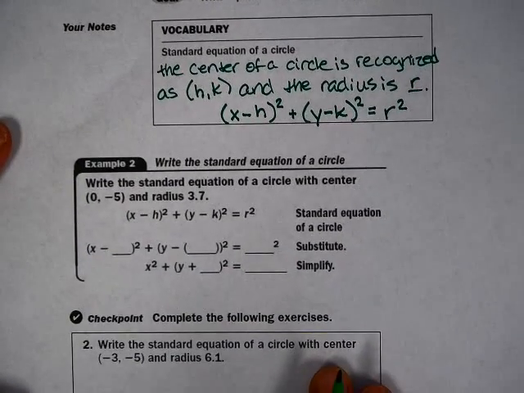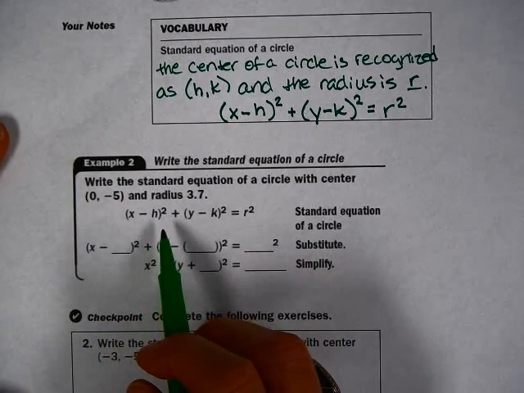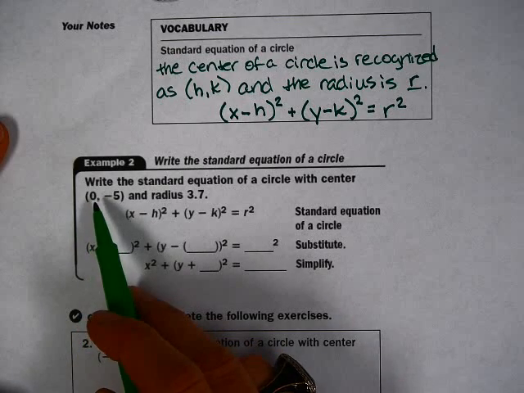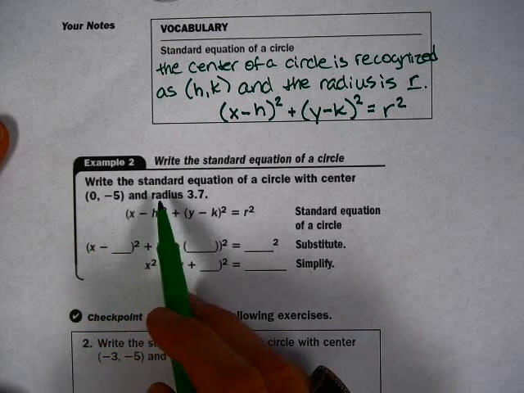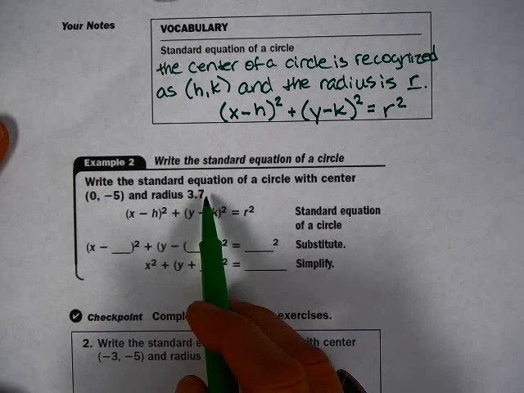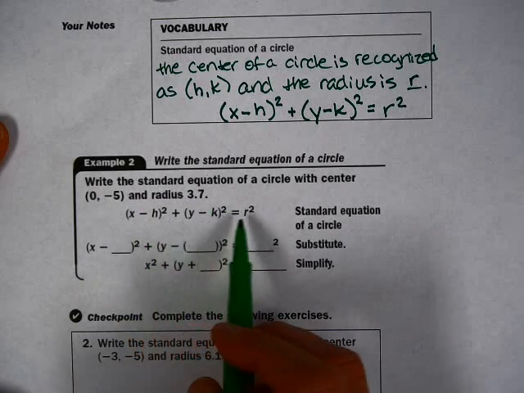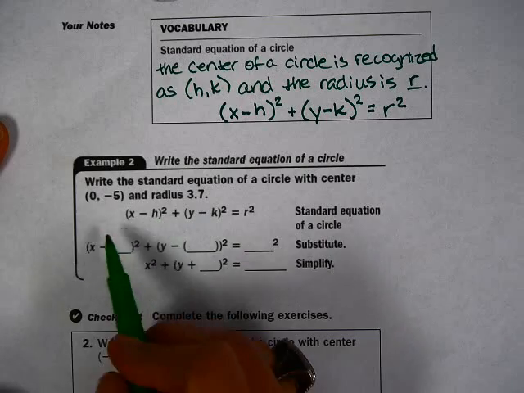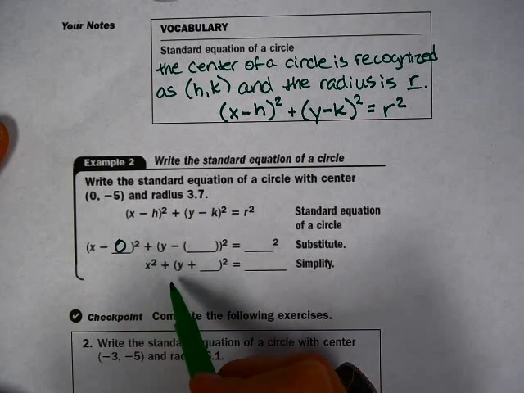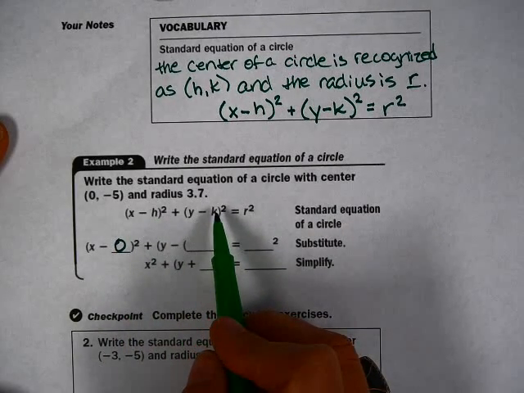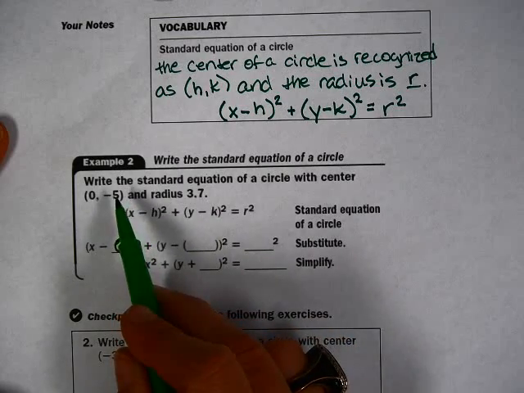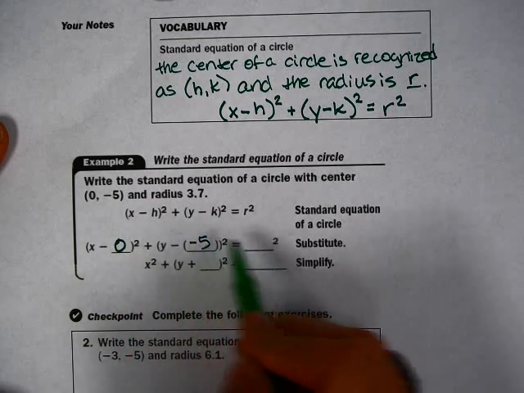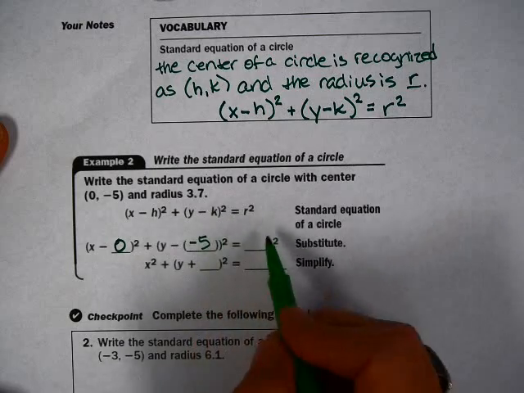All right, so the first example, write the standard equation of a circle with the center being (0, -5) and a radius being 3.7. So here's your formula. Remember that h represents the x coordinate, which in this case would be 0. k represents the y coordinate, which in this case would be -5. And our radius is 3.7.